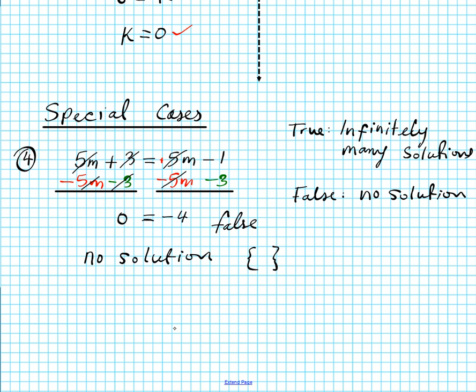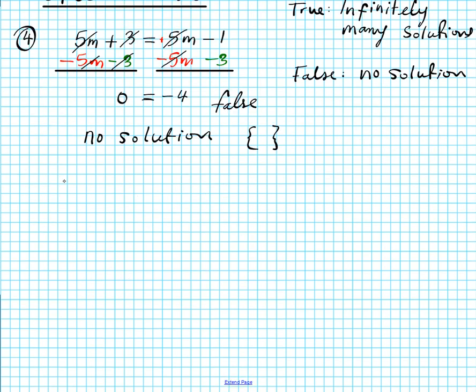All right, let's try another special case problem, number 5. What if we had 3 times 2b minus 1, minus 7 equals 6b minus 10?